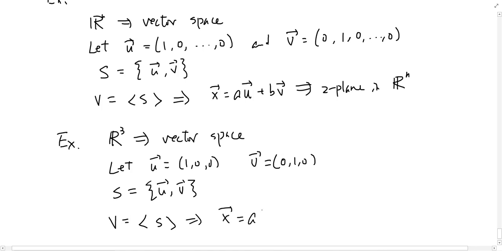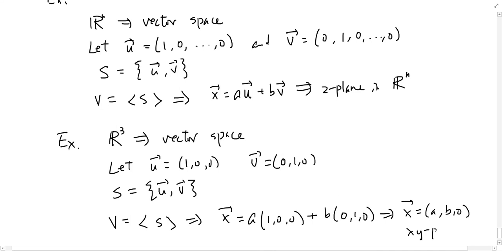Then therefore this becomes vector x equal to A times 1, 0, 0 plus B times 0, 1, 0. So what does that actually come out to be? Well, that would basically just become A, B, 0. So that actually just formed the XY plane in R3, because the Z coordinate is 0, and then the X and the Y coordinates can be any numbers we want.